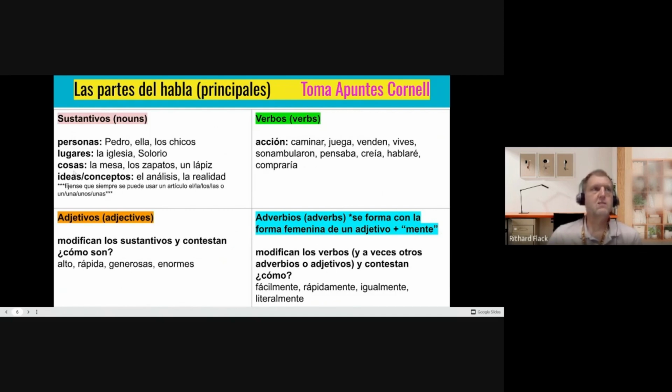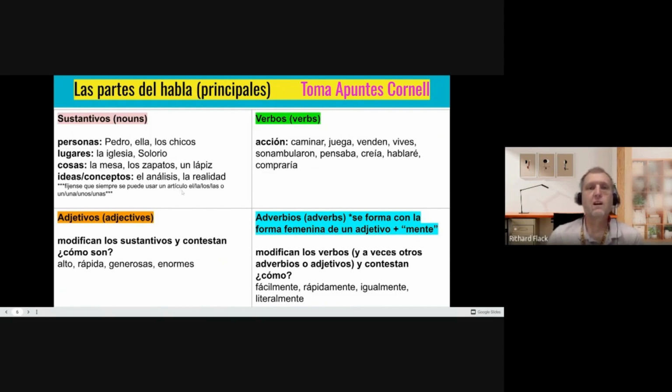Cosas, things, like la mesa, table, los zapatos, shoes, un lápiz, a pencil. Or ideas, conceptos, ideas and concepts, like el análisis, the analysis, la realidad, reality. My note here says, fíjense que siempre se puede usar un artículo. You can always use an article. We're going to talk more about those in a bit.